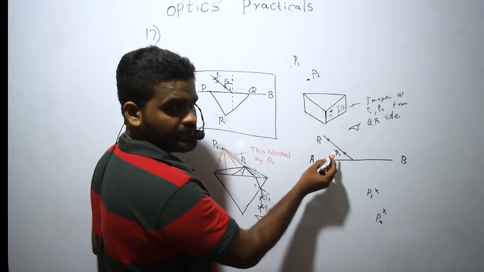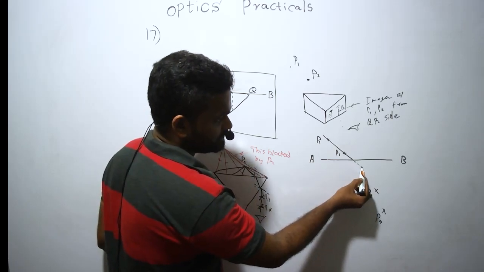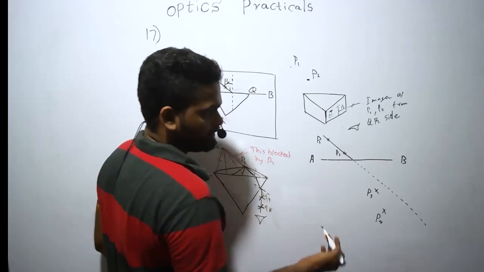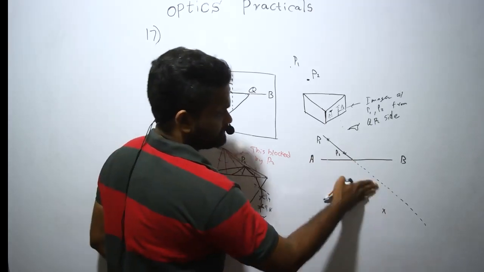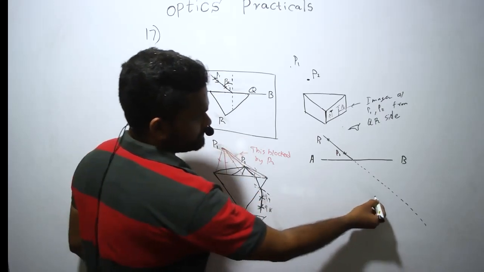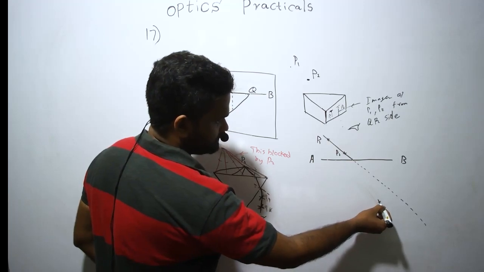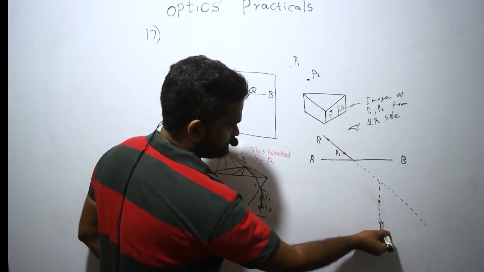Initially the light ray was going to go along this path, like this. But because of the prism, it has deviated here. So once that path is found, you draw a line along these P3 and P4 as well.